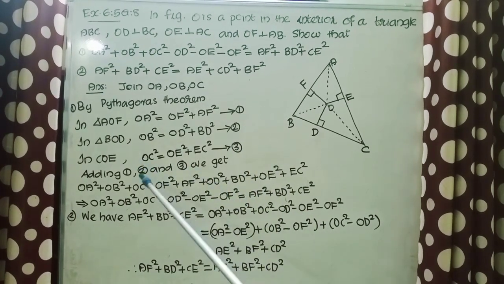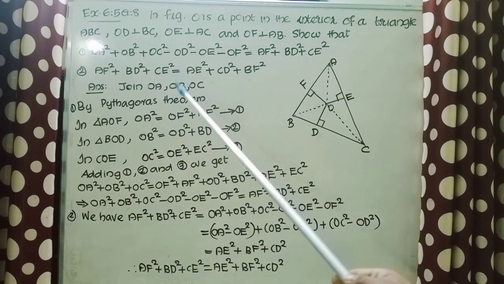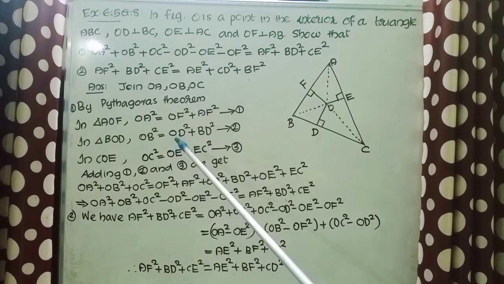Adding equations 1, 2 and 3, we get OA square plus OB square plus OC square equal to OF square plus AF square plus OD square plus BD square plus OE square plus EC square. From this equation, take OF square, OD square and OE square to the left side.